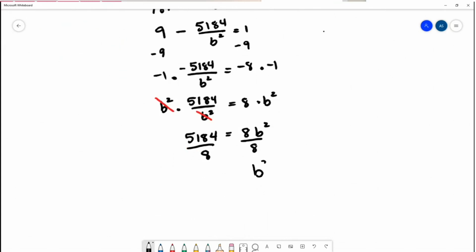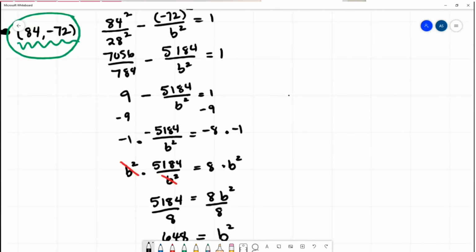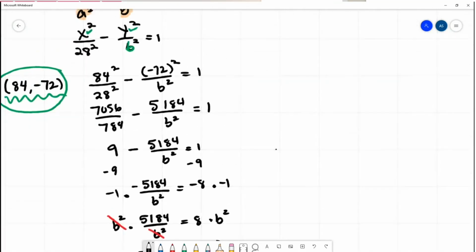That gives me b squared equals 5,184 divided by 8, which is 648. So b squared is 648. Going back to my equation, I can now write the equation as x squared over 28 squared minus y squared over 648 equals 1.